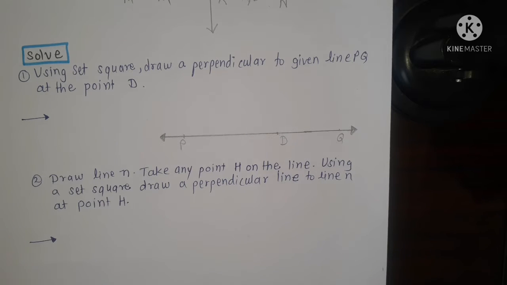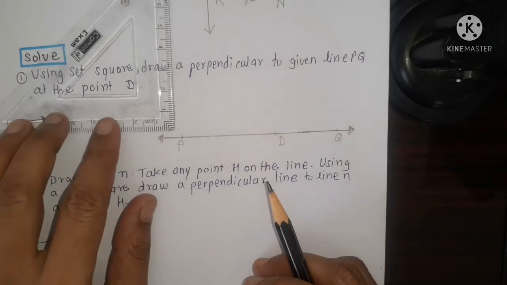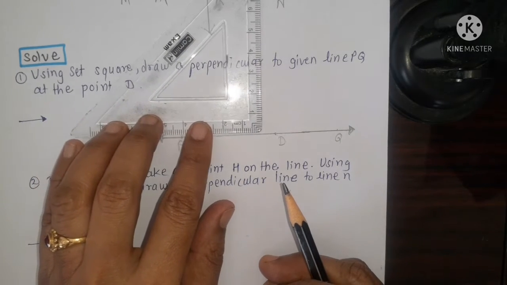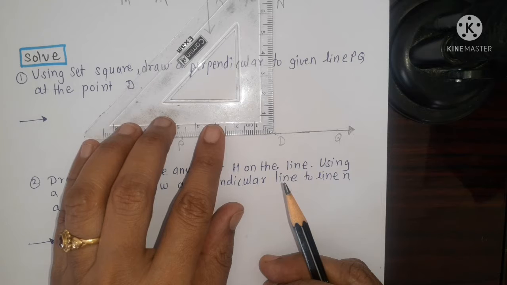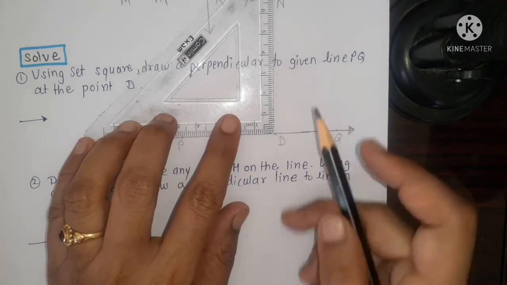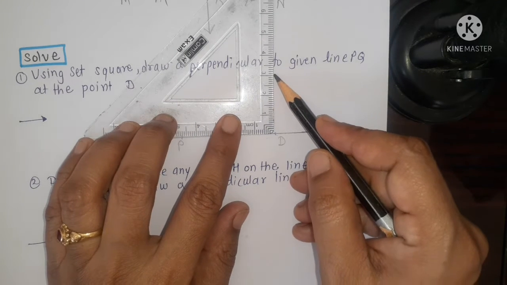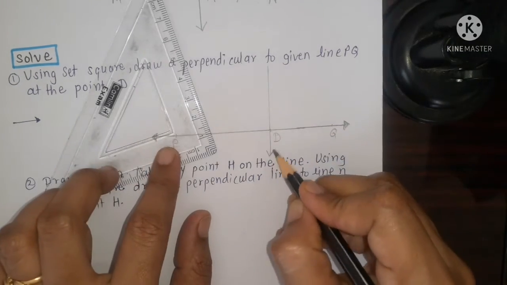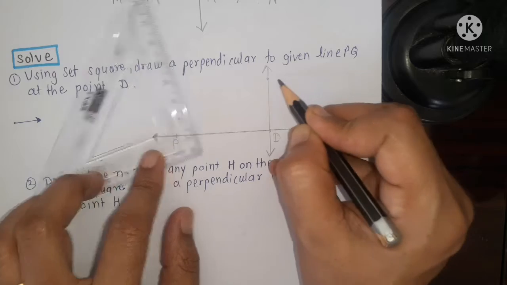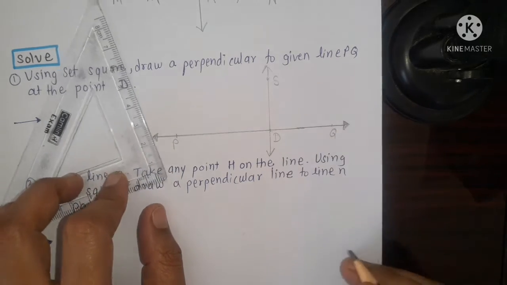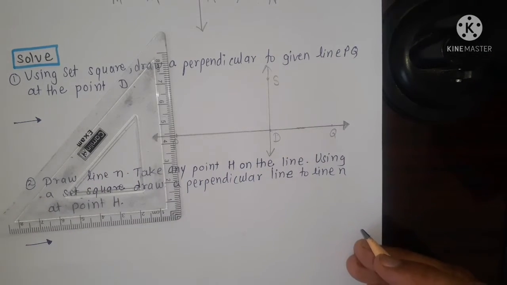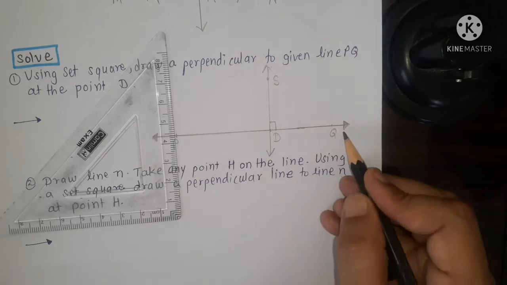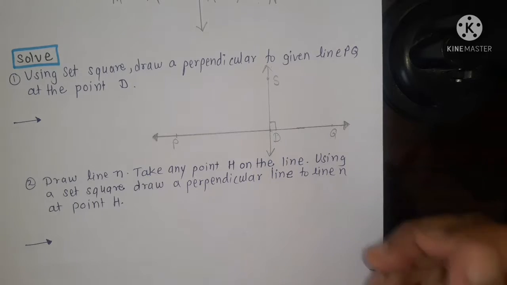We place a set square on line PQ and drag it towards the point D, and draw a perpendicular line from point D, and give the name S to any point on it. Line SD is perpendicular to line PQ, drawn using a set square.